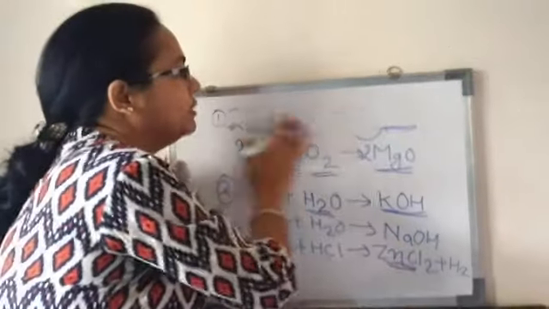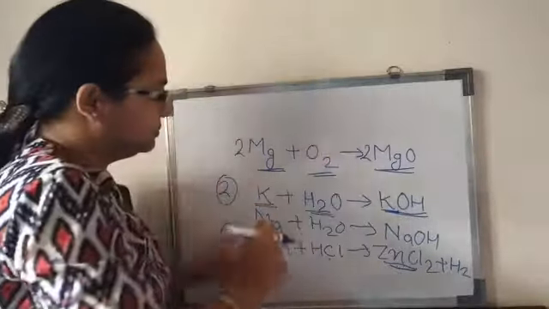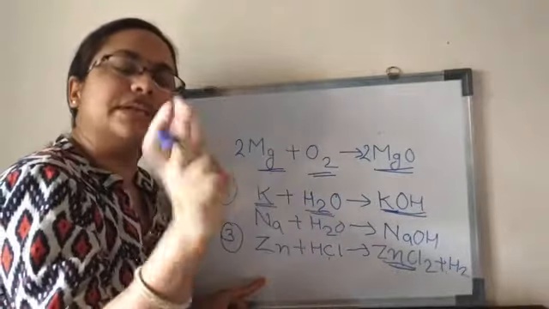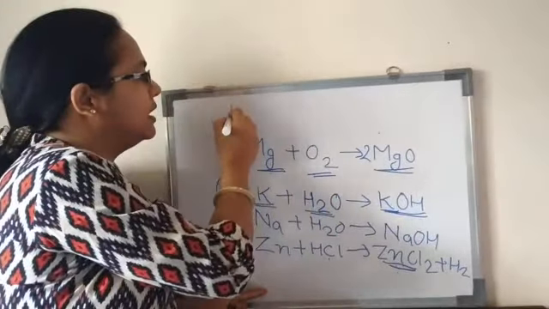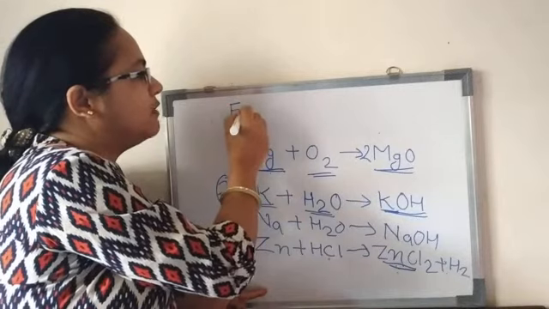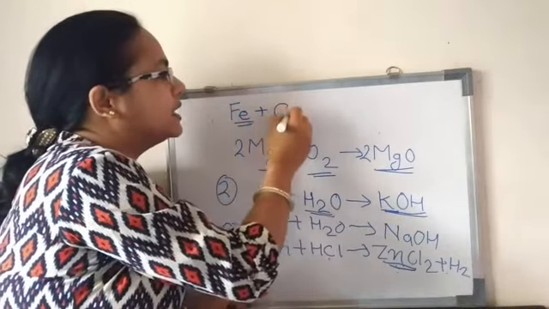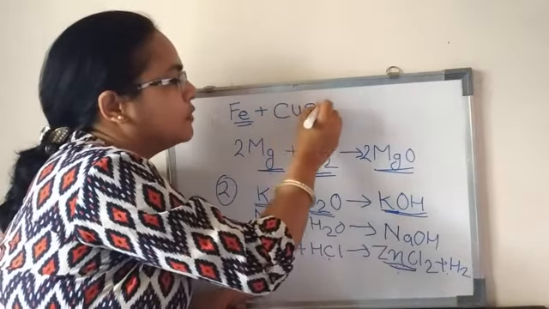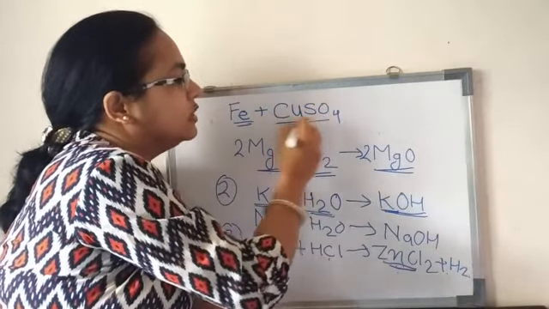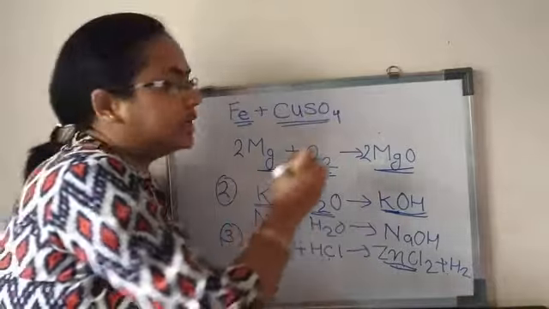Now the next reaction is the reaction of metal with the metal salt. Here I would like to give you the example of iron, which is Fe, and it reacts with the metal salt CuSO4. CuSO4 is the metal salt here.